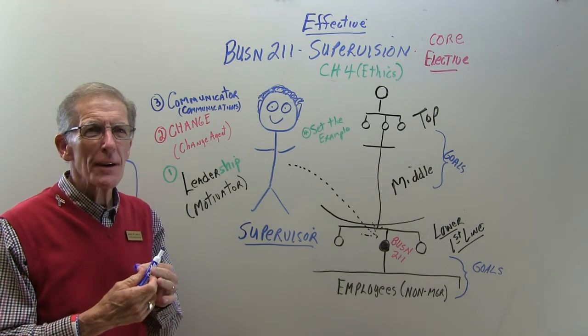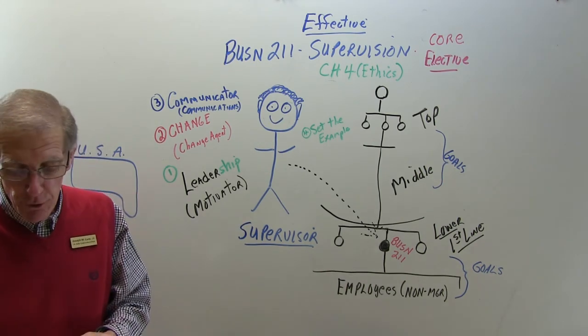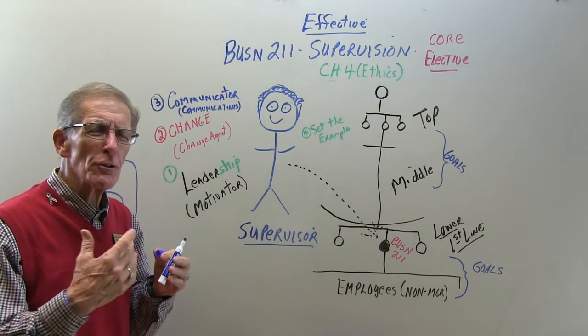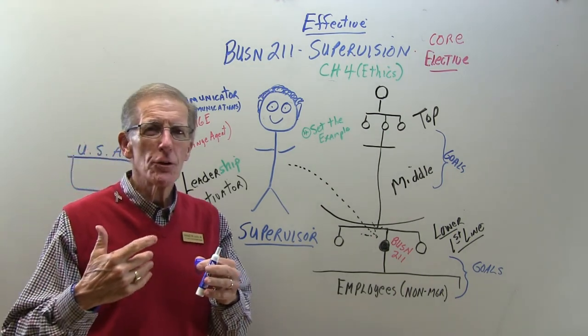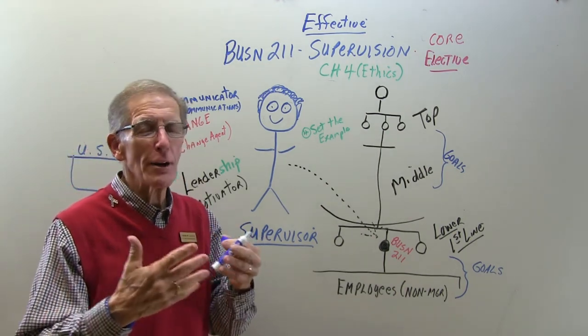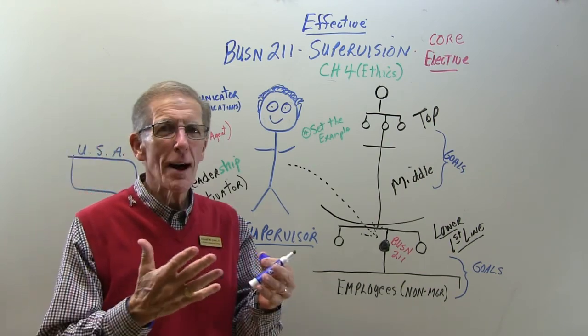What are ethics? Well, if you look at your handout or your study guide, it says that ethics is the study of morality. And ethical behavior has to do with what's right, doing the right things. So ethics really has to do with right and wrong.